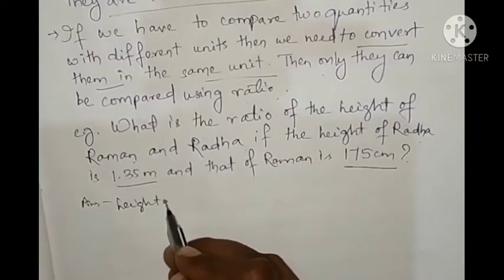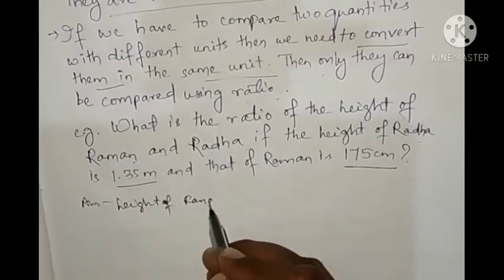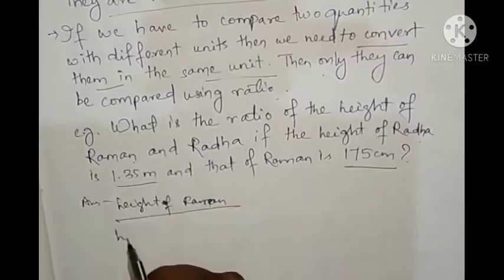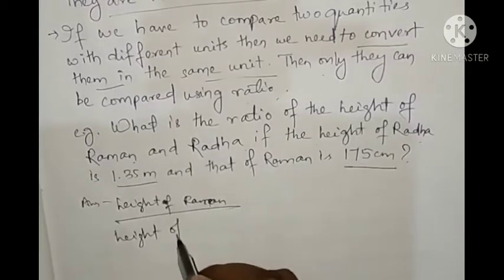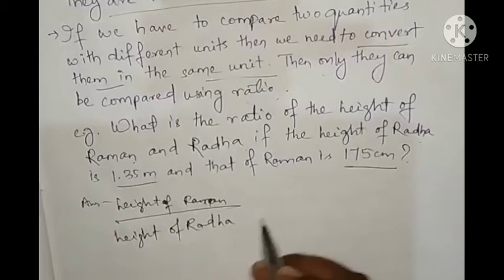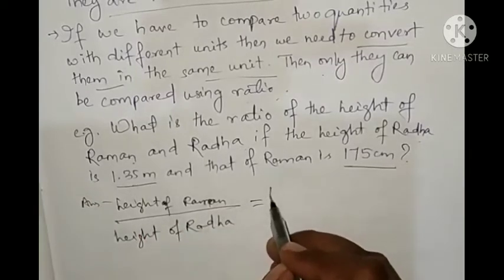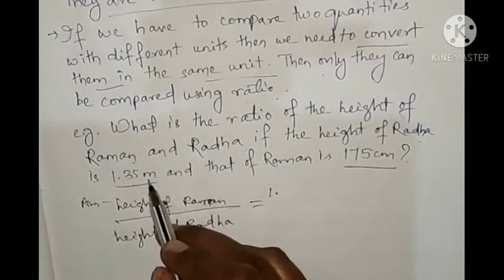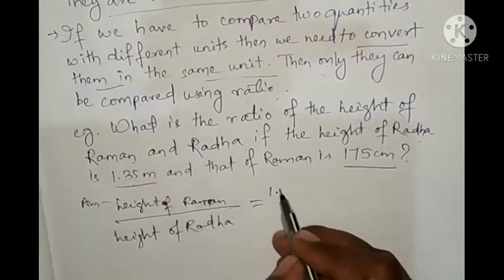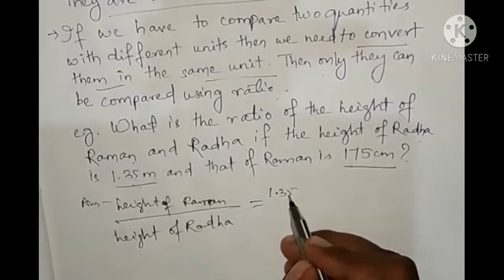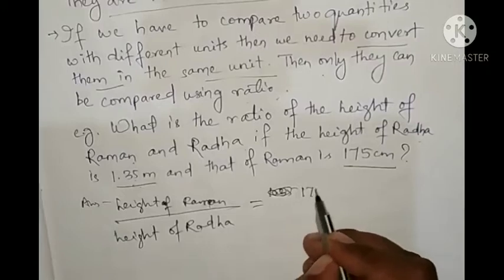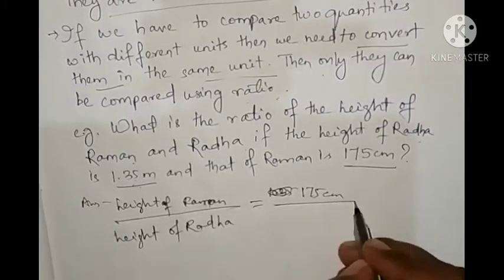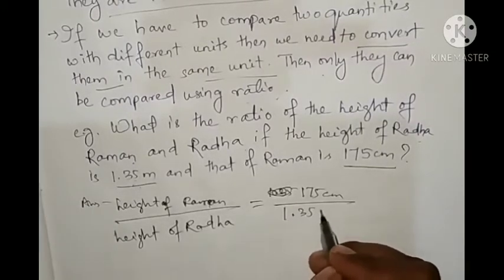Height of Raman by height of Radha. So what is written? Height of Radha is how much? 1.35. Sorry, height of Raman is 175 centimeter and height of Radha is 1.35 meter.